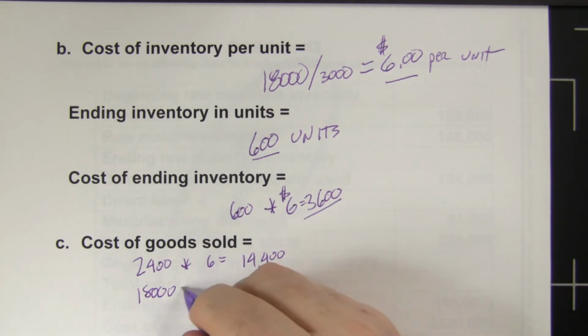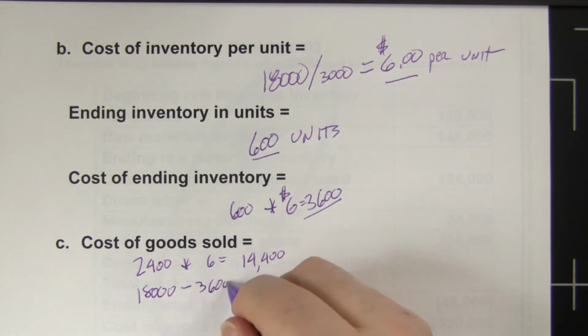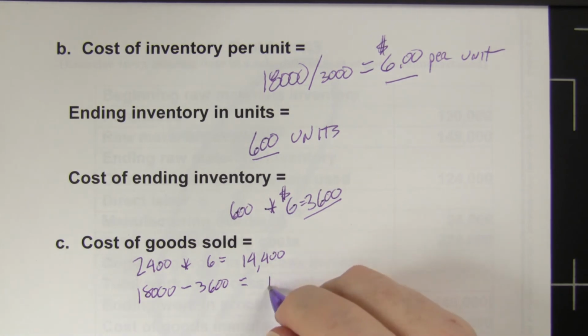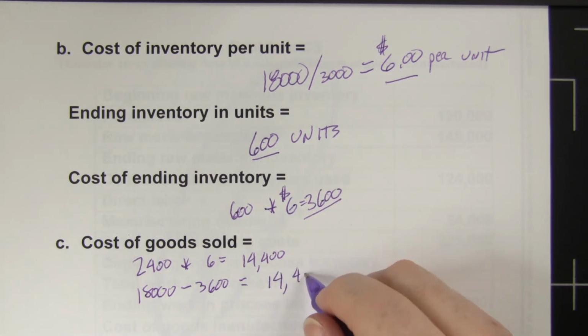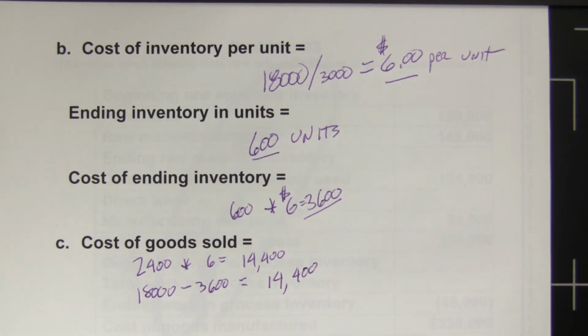Our ending inventory was $3,600. So the stuff we sold had to be worth $14,400. So problem 2 is not all that different than anything you've done. It's just a crossover between managerial accounting, making the stuff, and financial accounting, seeing how much it cost us.